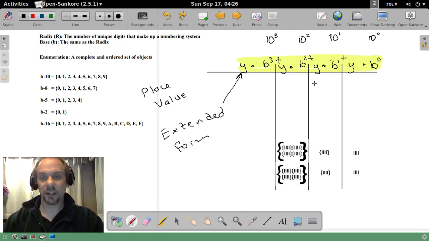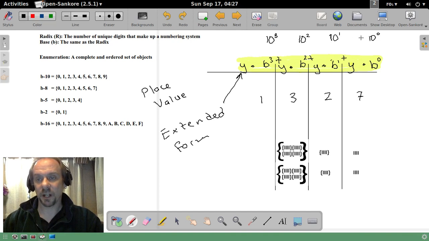In base 10, let's put some numbers in here and look at what it might look like. If we had 1,327, we take this y times our base to the 0. So this is 7 times 10 to the 0, which is 1. So 7 times 1.